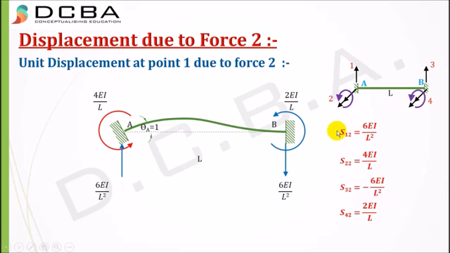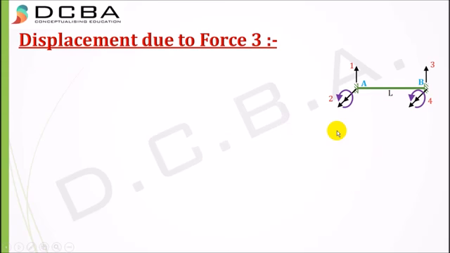Let's move to force number 3, displacement due to force 3, and as you can see the force 3 acts at point 2. The previous two forces were acting at point 1.